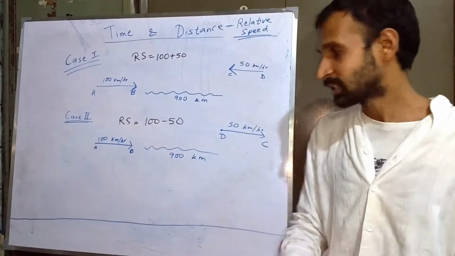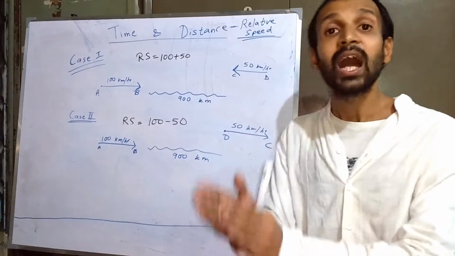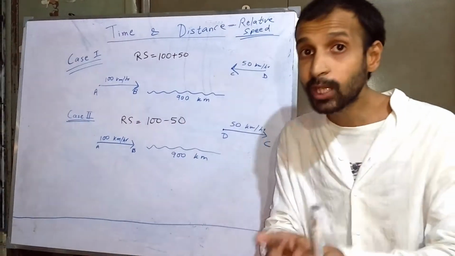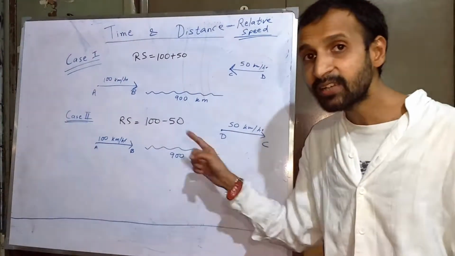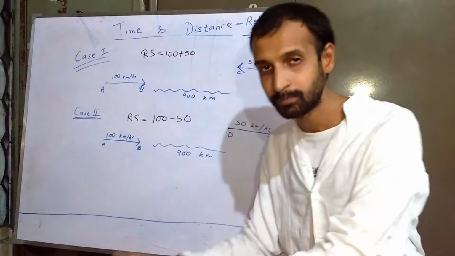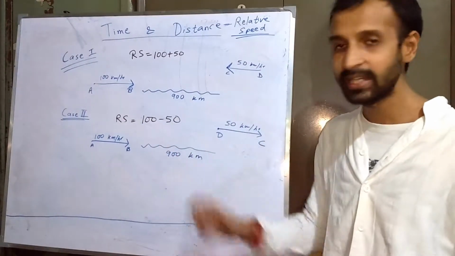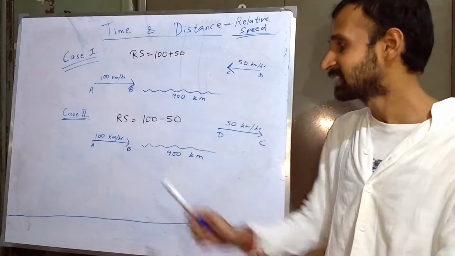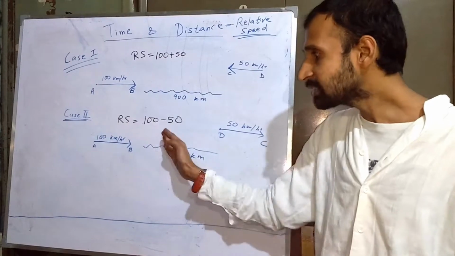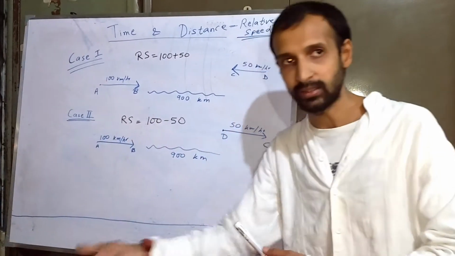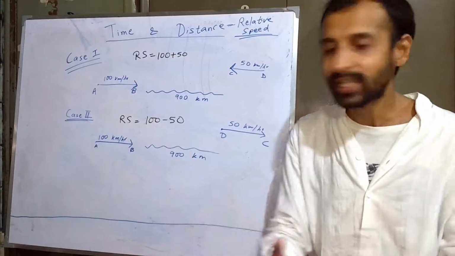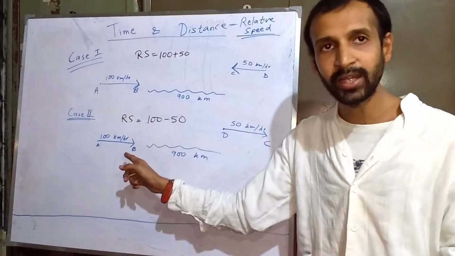But note that this train is covering 100 kilometers in every 1 hour. This train is covering only 50 kilometers in 1 hour. So effectively, this train is covering 50 kilometers extra, which means their relative speed is 100 minus 50. In every 1 hour, this train is trying to shorten the distance between them by 100 kilometers.